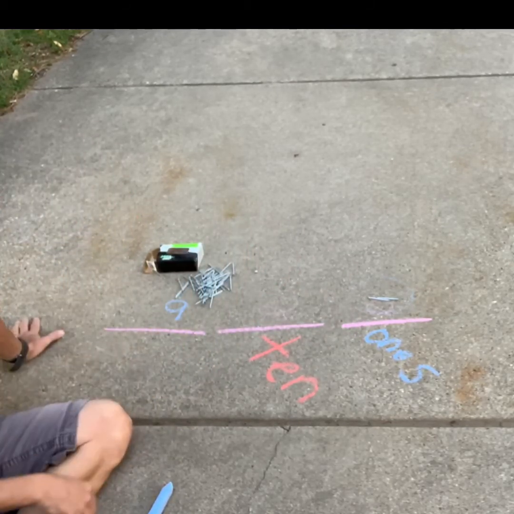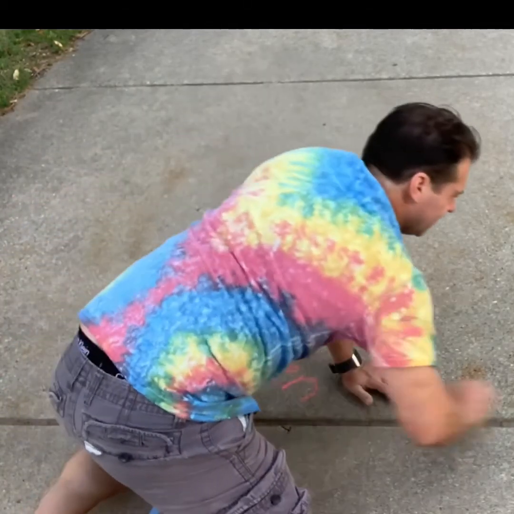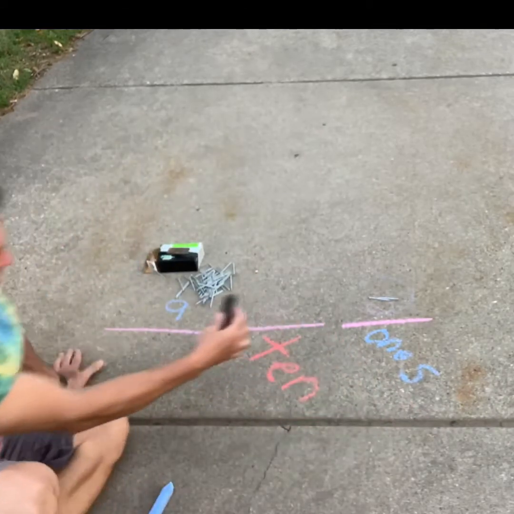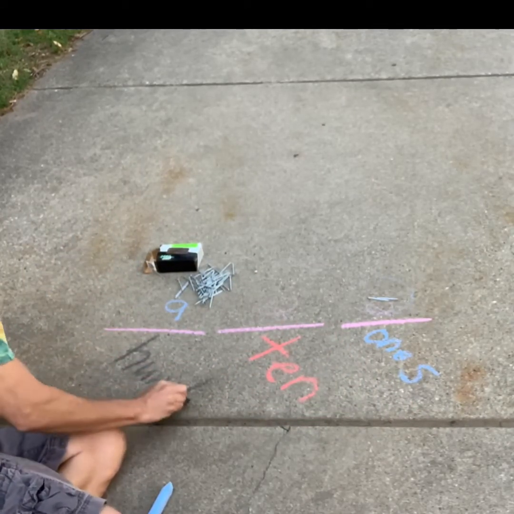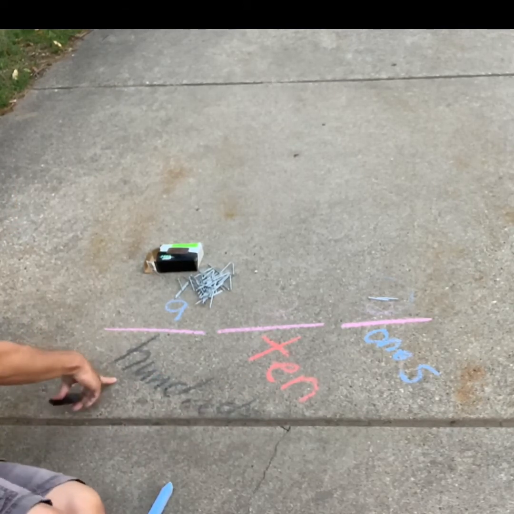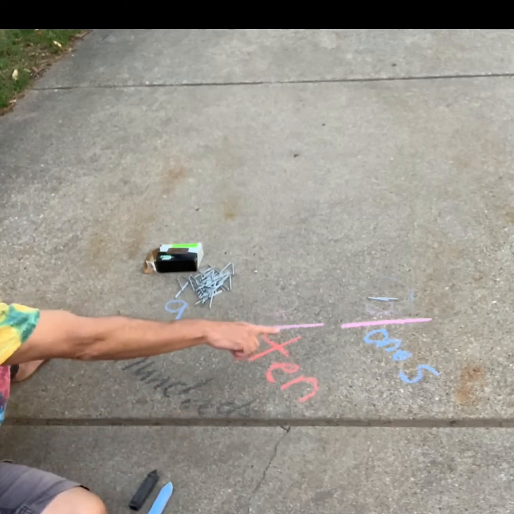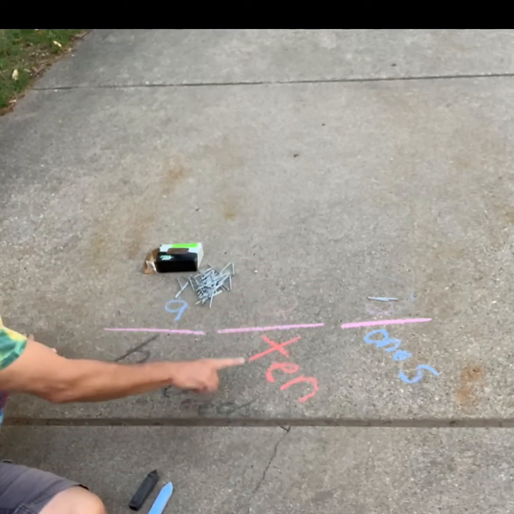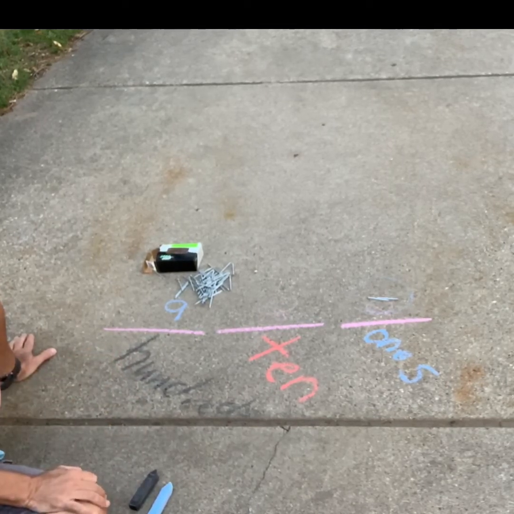So this would be the hundreds place. So I have the hundreds place, the tens and ones. I would start with the ones, and then I have the tens place, and then I have the hundreds place.